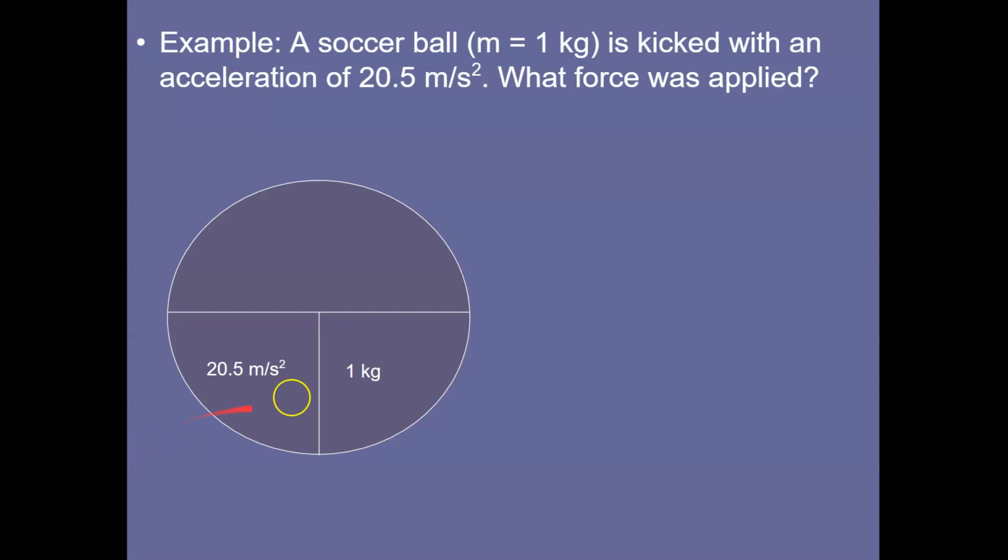So when these two variables are next to each other, we're going to multiply them here. When they're both on the bottom, it is a simple multiplication of those two numbers. So I would take my 20.5 meters per second squared and multiply it times 1 kilogram and end up with a force of 20.5 newtons.